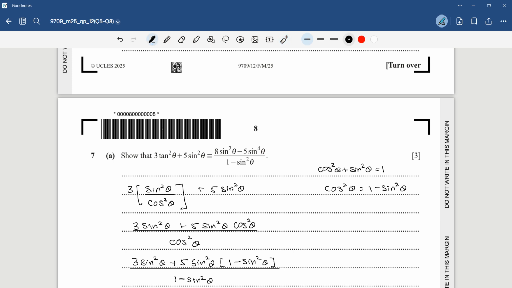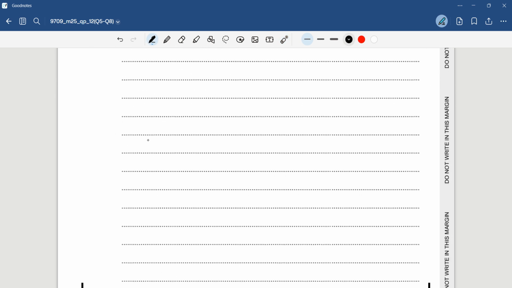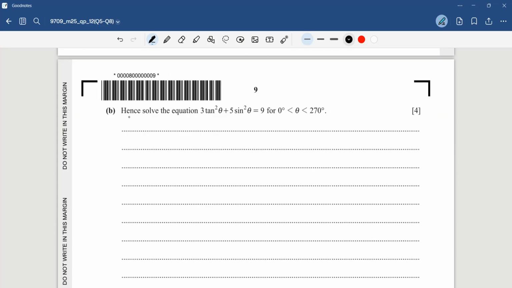So instead of this, I'm going to replace it with 8 sine square theta minus 5 sine power of 4 theta over 1 minus sine square theta equivalent to 9. You multiply up: 8 sine square theta minus 5 sine power of 4 theta equal to 9 minus 9 sine square theta.